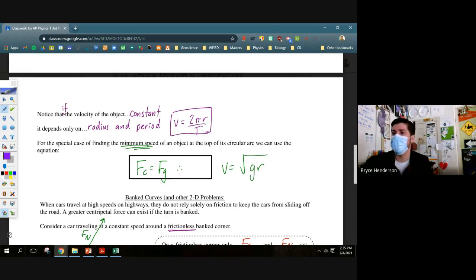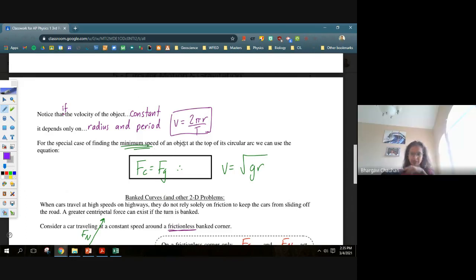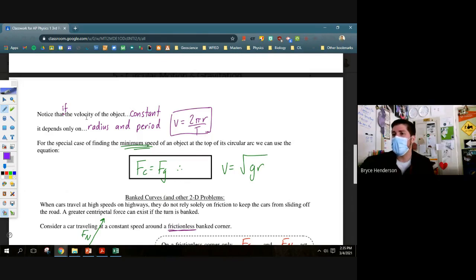Mr. Henderson, is the velocity constant when we're going horizontally and spinning? I guess really this should say speed, but in our definition of 2 pi r over t being the velocity, nothing's changing because the radius and the period are not changing. Okay. It's apparently greater at the bottom when you're swinging a bucket, or a car over a hill.